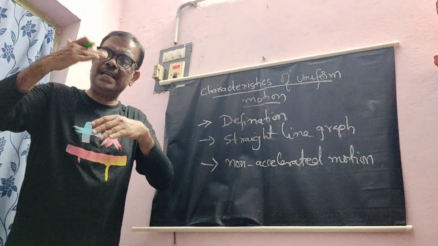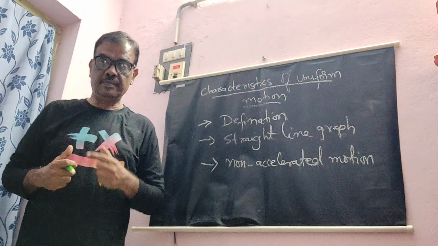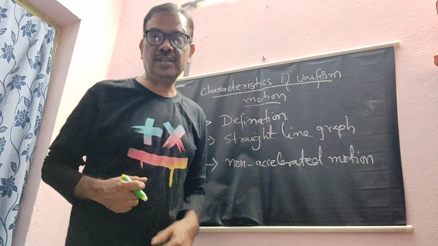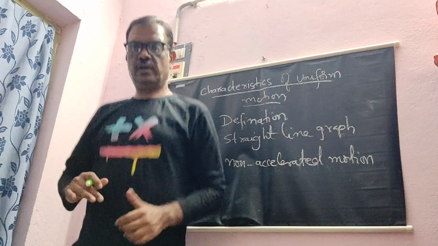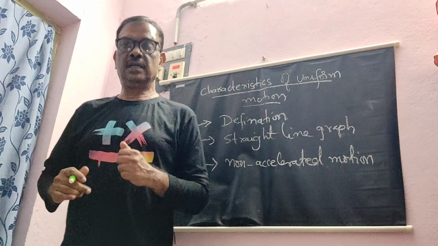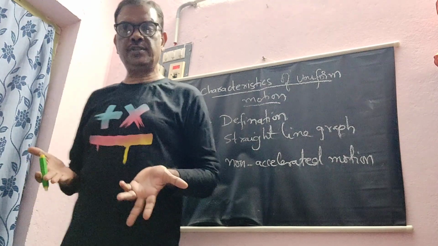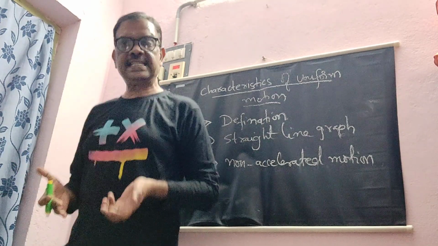So speed is changing. That is called acceleration. You are moving, running, increasing speed. That is acceleration. Now, standing at one point and just moving my feet up and down, the speed is not changing. Velocity is not changing. So the motion is not accelerated.